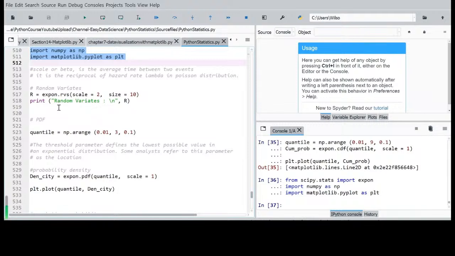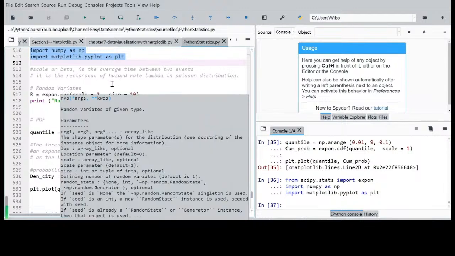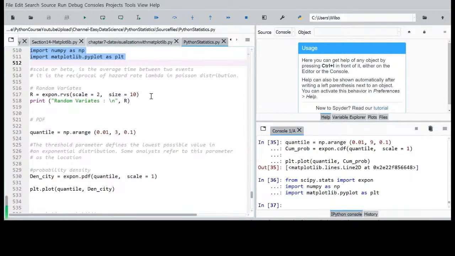The first function we will use is called RVS from the expon module. RVS will generate random numbers from the exponential distribution. Beta is also called scale. This means the average time between two events in the exponential distribution or in the Poisson process.